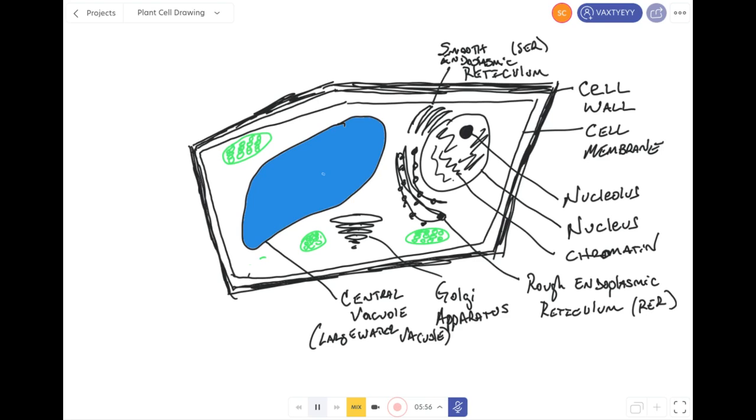I'll put another one right here. Okay, so we'll label this. So that is the photosynthetic organelle of a plant. It is green because it has a pigment that helps trap sunlight to provide the energy necessary to put carbon dioxide together with water to make sugar.